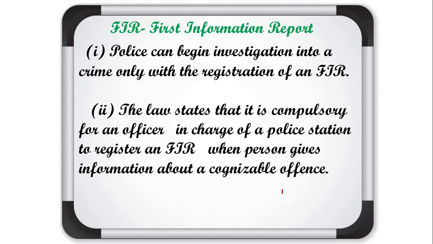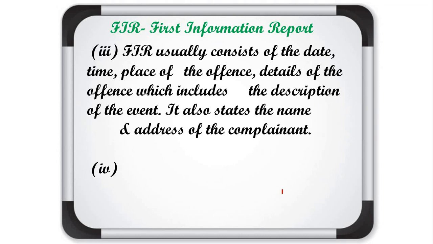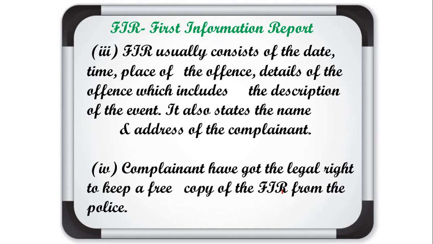This is there. The FIR contains details such as the time, date and place where the offence has taken place, details of basic facts regarding the offence, including a description of the event, and it also contains the name and address of the person who has filed the complaint.